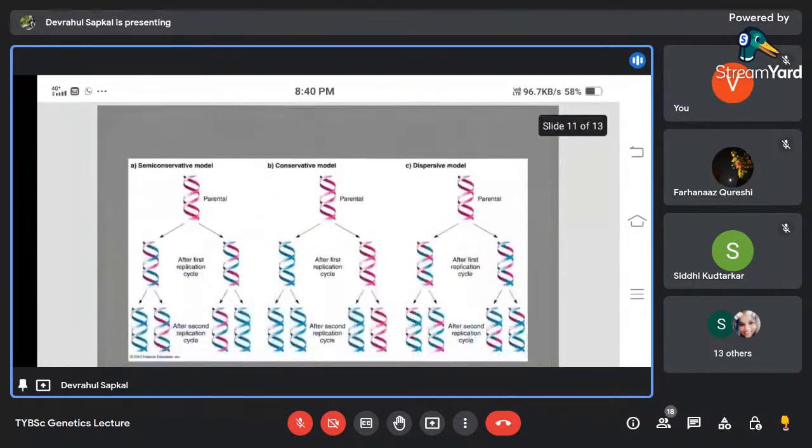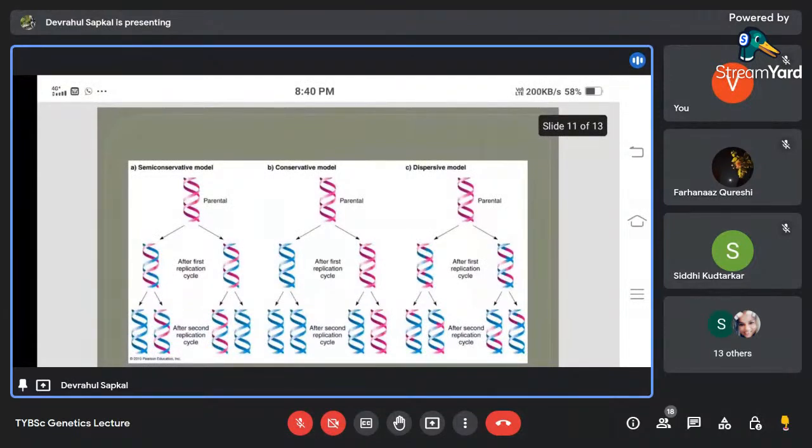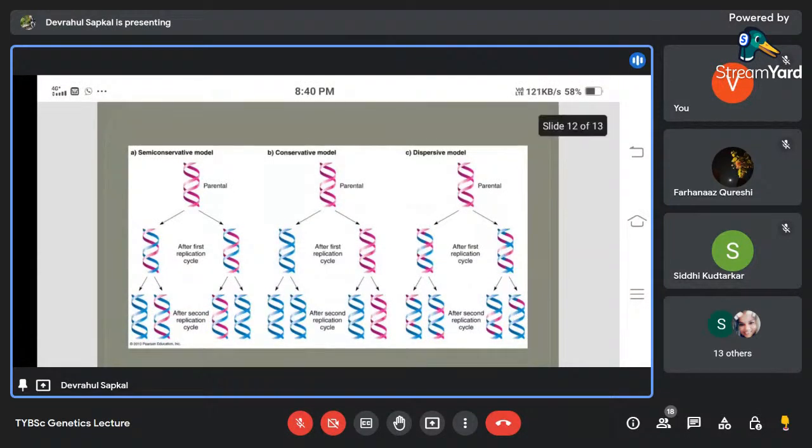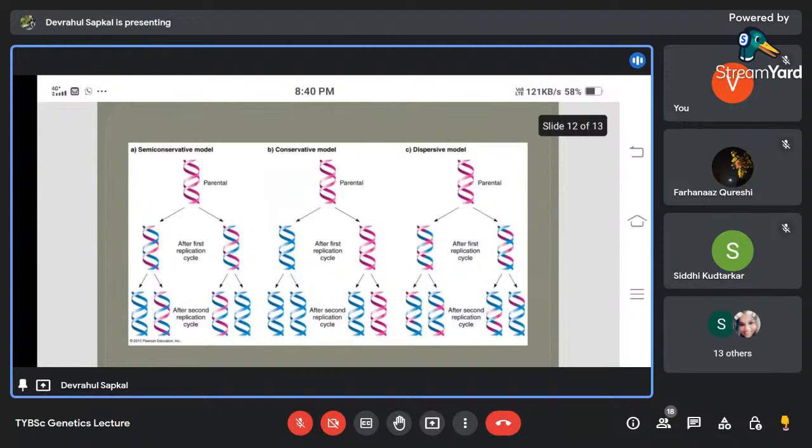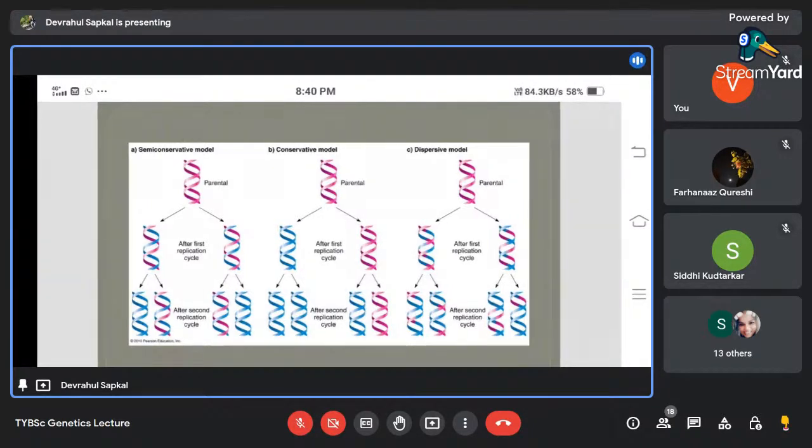So we'll take a summary now of the three models. In the semi-conservative mode of DNA replication, while parental DNA is getting replicated, one strand has the parental strand and one strand is a totally newly synthesized strand.